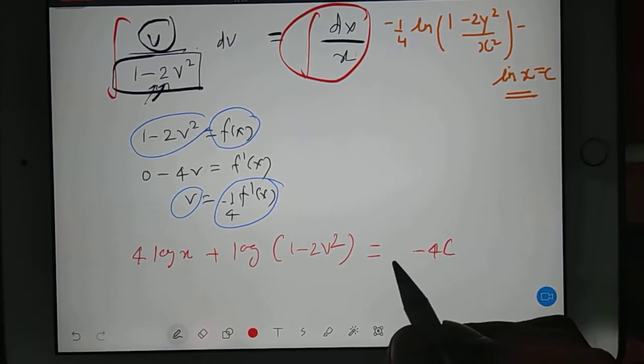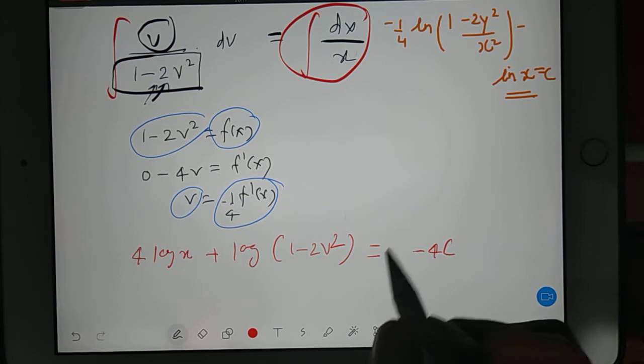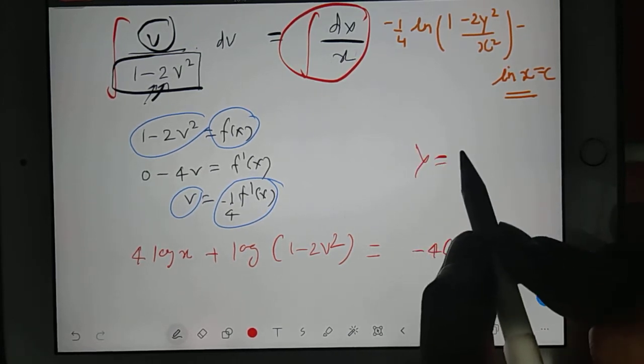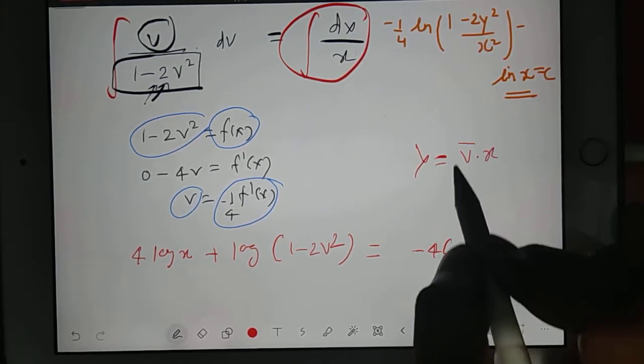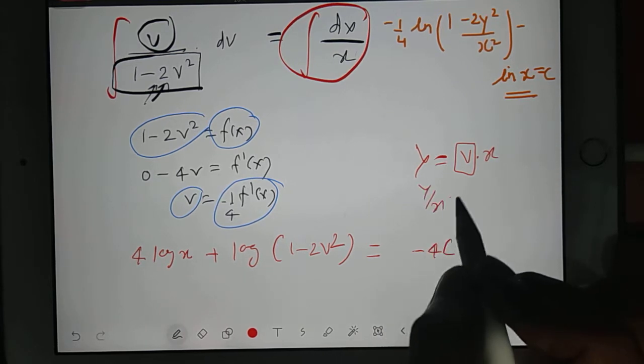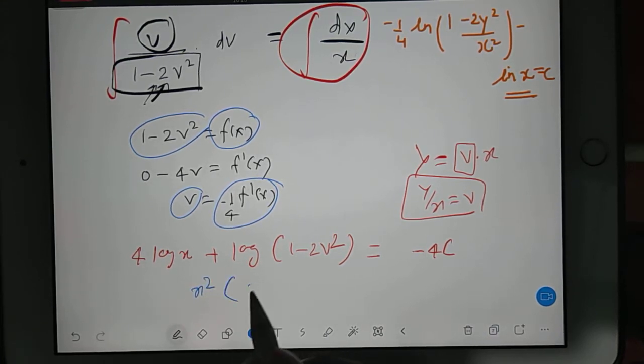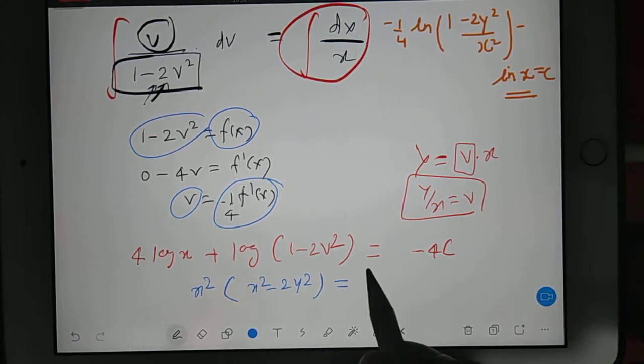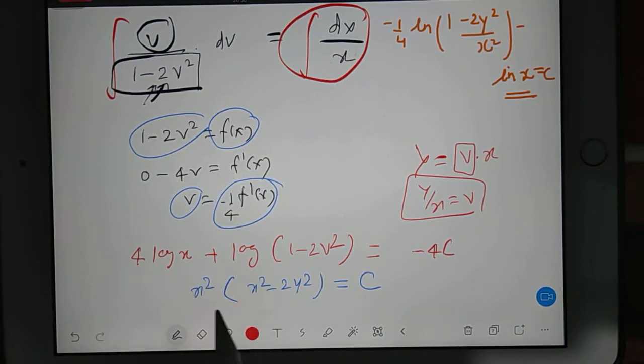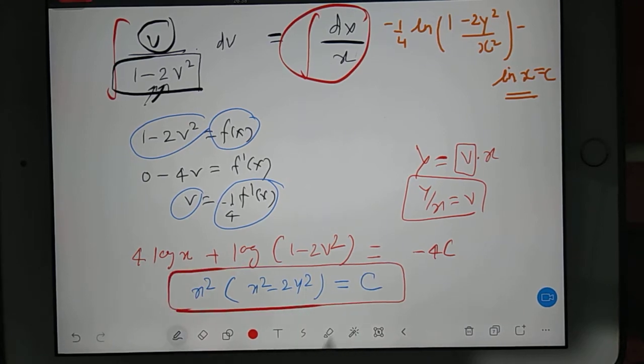And whenever you have v, that v you can replace, because y was equal to vx, so this v you will replace as y by x. So the final answer I am writing: x square bracket x square minus 2y square is equal to any constant here. This will be your final answer.